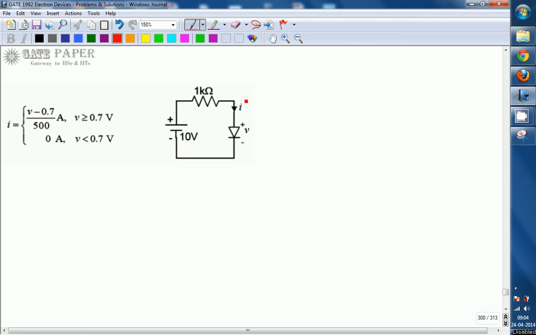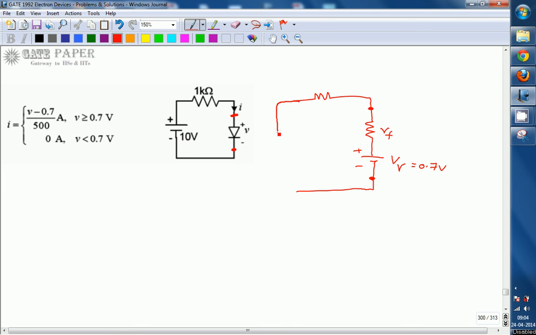So first of all, replace the diode. This is the resistor, and here the diode is replaced with RF followed by V gamma. These two terminals are the diode P and N terminals. You can visualize the diode between these two nodes being replaced with RF followed by V gamma, the cut-in voltage, whose value is 0.7 volts, and we don't know the RF value.